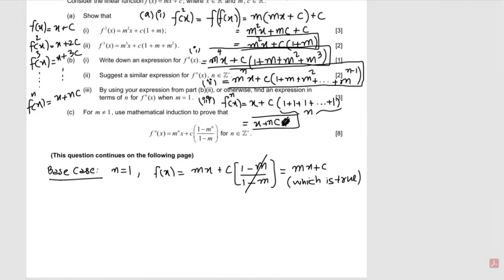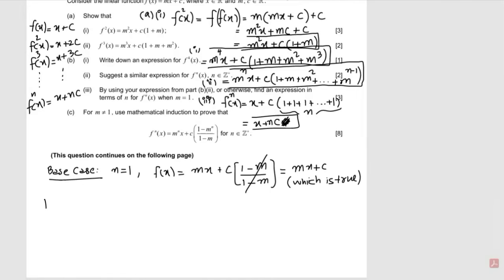And f of x will turn out to be mx plus c times 1 minus m over 1 minus m, because n is 1. So this goes away. So I can write it mx plus c, which is true. All right, so my base case is proved.